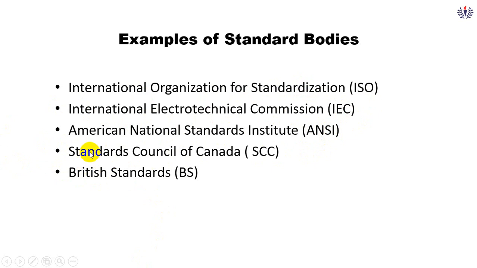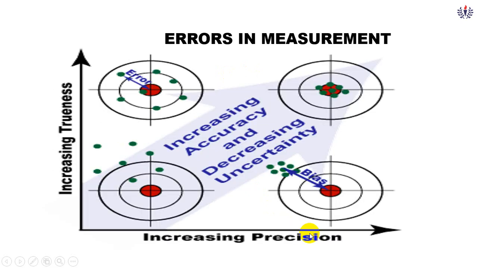Then the fourth one may be the Standards Council of Canada, SCC, which is also an international standard body. And finally, we can name British Standard, BS. So this is also a type of international standard. This may be followed strictly for all types of calibrating the instrument.